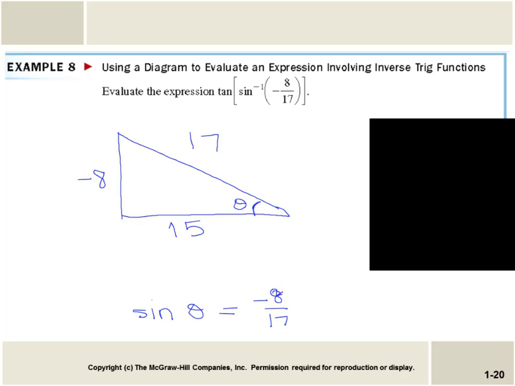So now, remember, I know that this is in, what quadrant would this return an angle in? So what angle, what would theta be? I don't want you to give me the actual angle. I just want to know what it would be between.